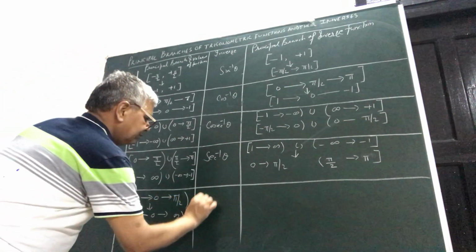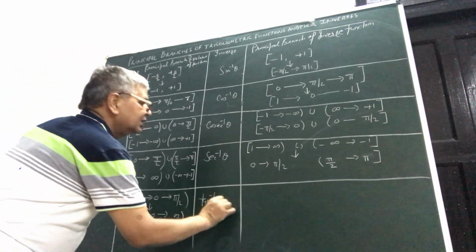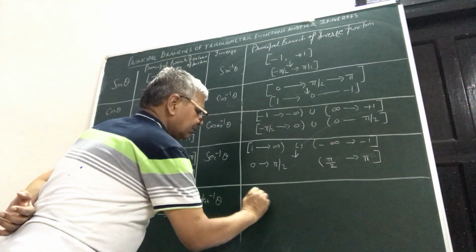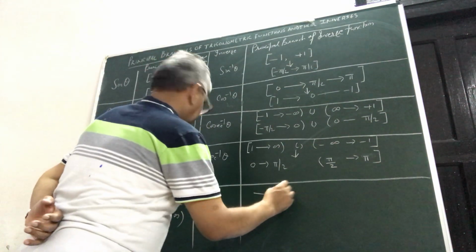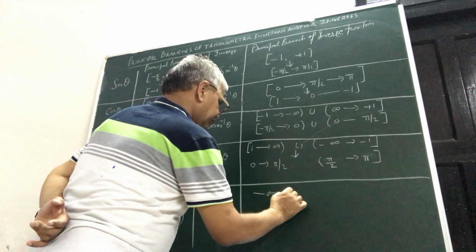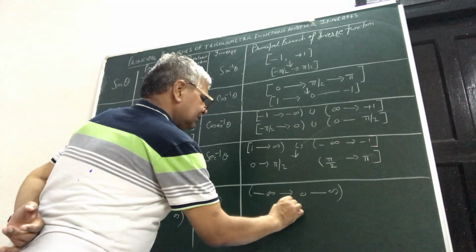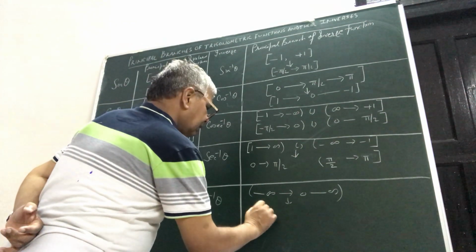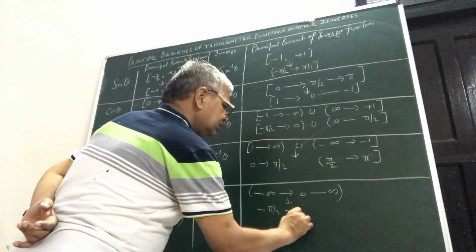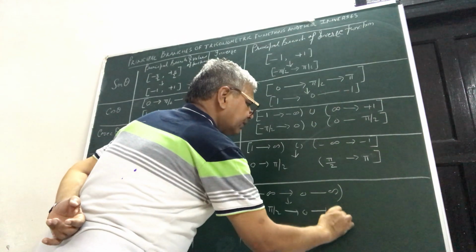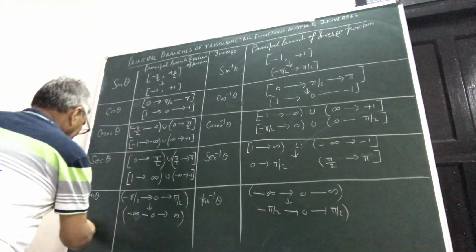And then here it will be tan inverse theta, and for it the principal value will go from minus infinity to 0 to infinity open, and therein the value will go from minus pi by 2 to 0 to pi by 2, open both sides. And the last one also, please do write it.